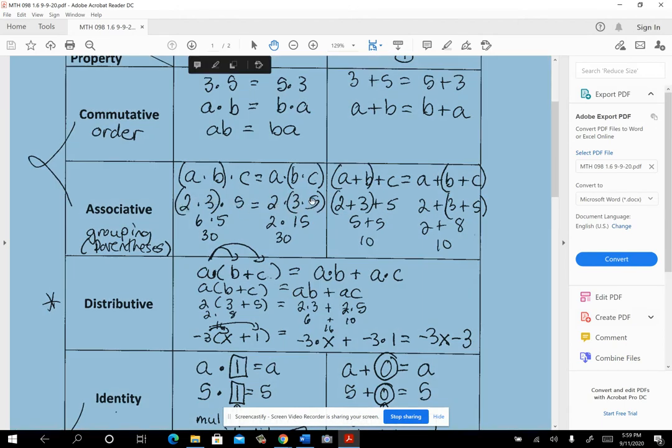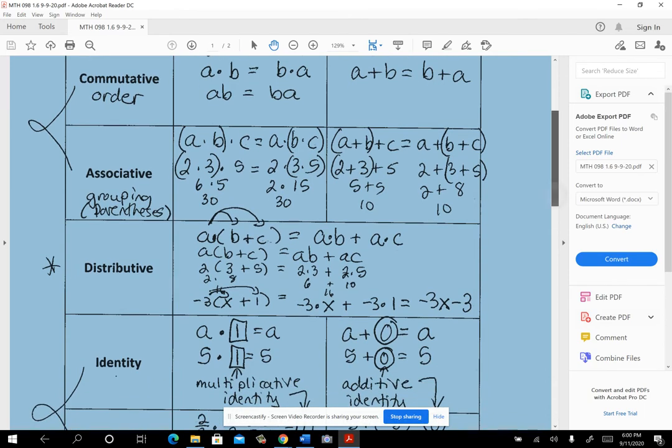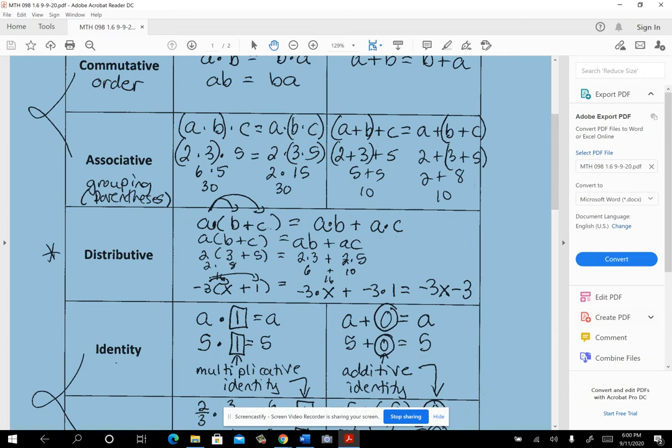I just changed the location of the parentheses, which does change the manner in which you would work that out if you were following order of operations. So these properties are things that are always true, that sometimes allow you to vary the way you would approach simplifying an expression from just the strict order of operations.